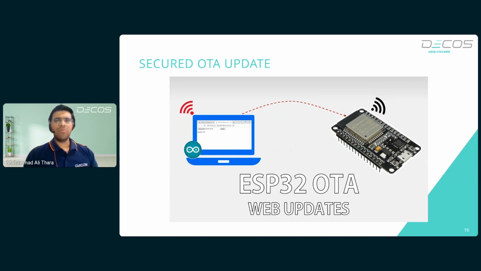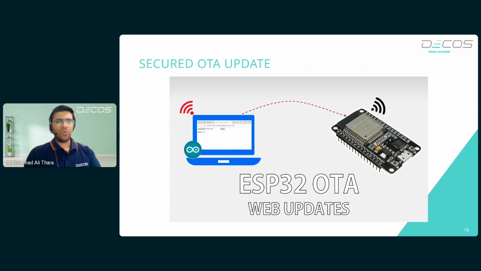In the previous demo, we just saw that one can directly upload a file and update the firmware. But now in this demo, we shall have an additional security feature, which we call a login page. Updating the firmware using this login page will prevent an unknown user from uploading firmware directly on your product.